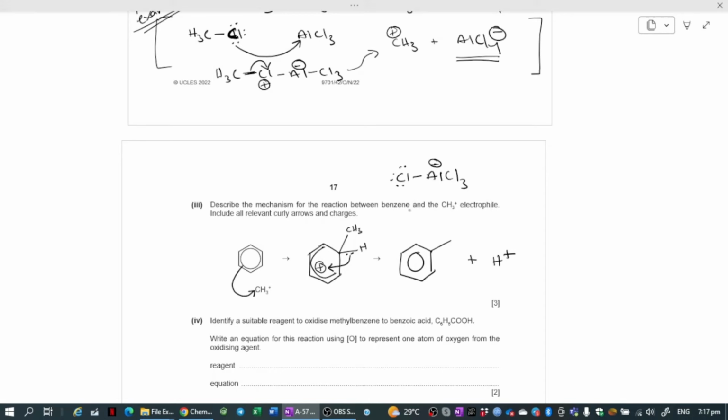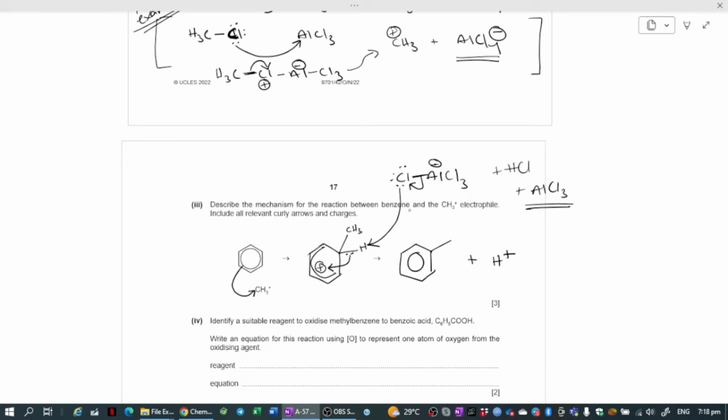What happens is that this bond breaks, and a lone pair moves onto the chlorine. And a lone pair from the chlorine actually comes in and abstracts this proton, and then this proton bond breaks. So at the end, what you really get is your methylbenzene, HCl, and AlCl3.